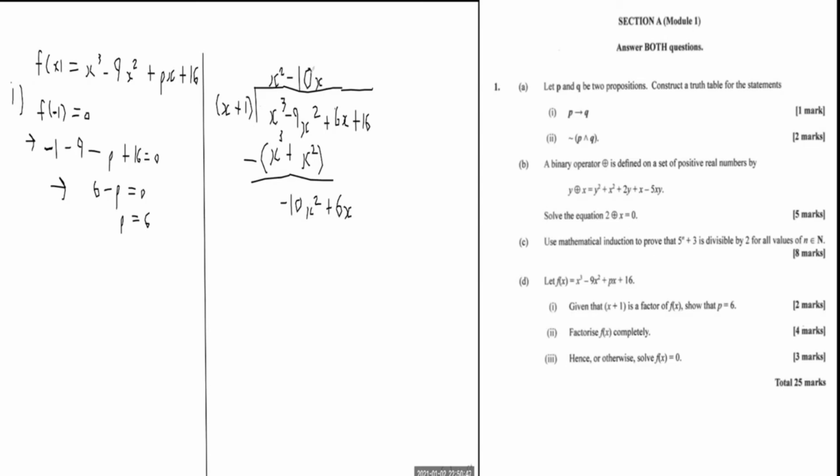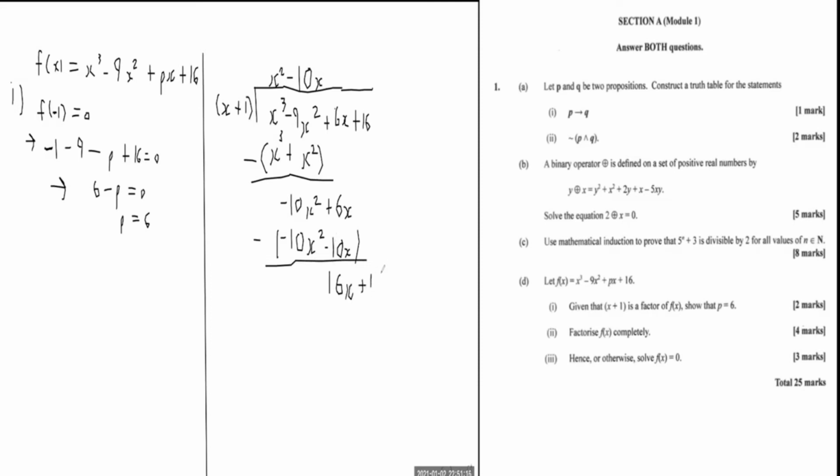All right, and then x times minus 10x is minus 10x squared. Then you have minus 10x times 1, which is minus 10x. We're going to subtract them. When you subtract them, minus and minus give you plus, so you get 16x. And then you bring down the plus 16.